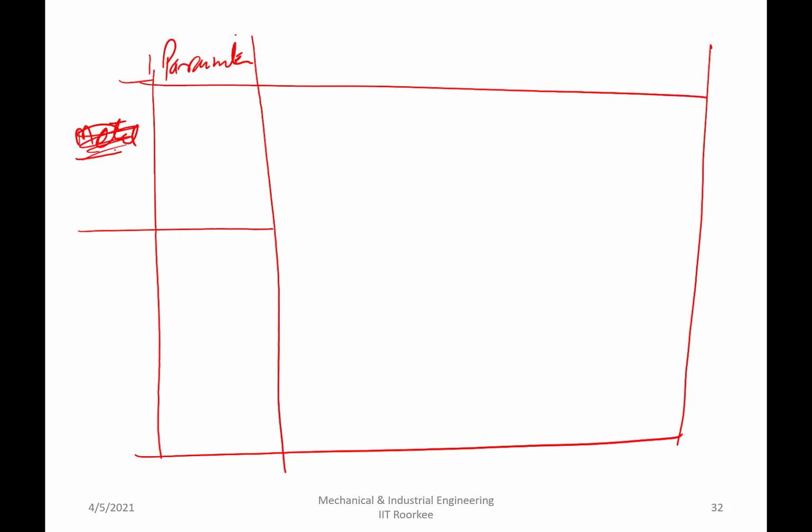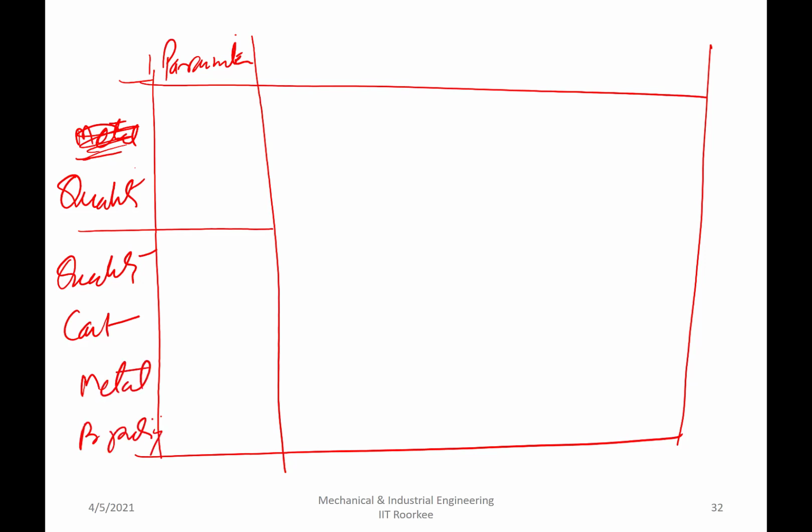It may be the quantity, it may be quality, it may be cost, it may be the metal to be produced, it may be the property requirement.